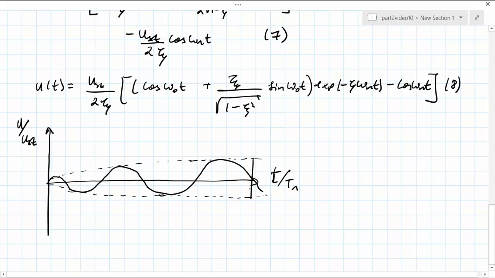The magnitude of this envelope function we define as being u0, whereas this is u(t), or equation 8.